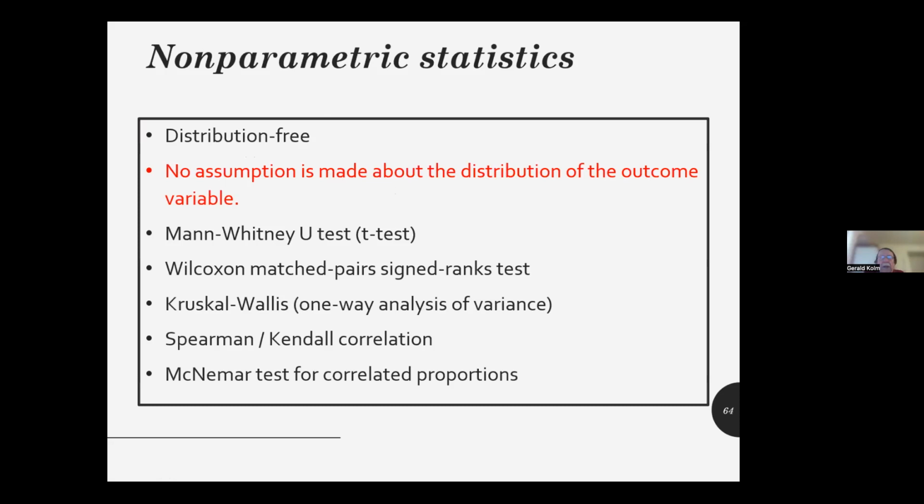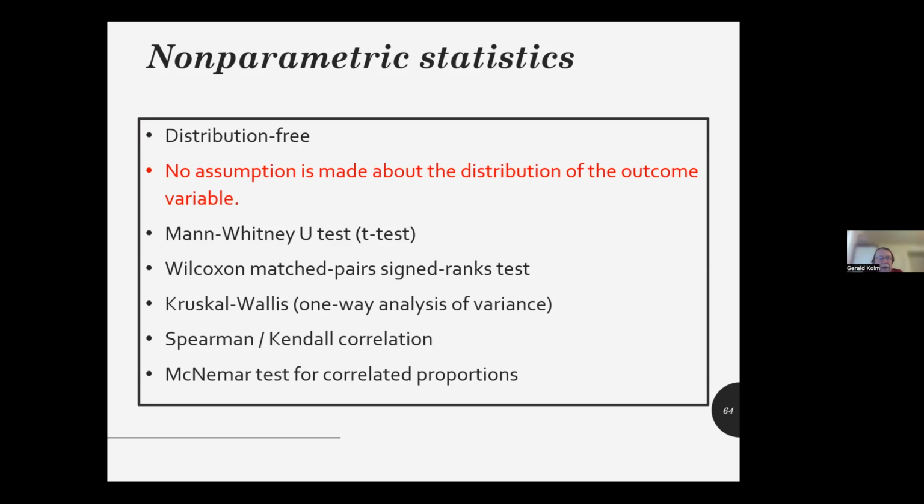So just a little bit about distribution free statistics or non-parametric statistics. In this case, we make no assumption about the distribution of the outcome variable. You'll see in any statistics book on non-parametric statistics, tests like the Mann-Whitney, the Wilcoxon matched pairs, Kruskal-Wallis, then for correlations, Spearman and Kendall correlations.